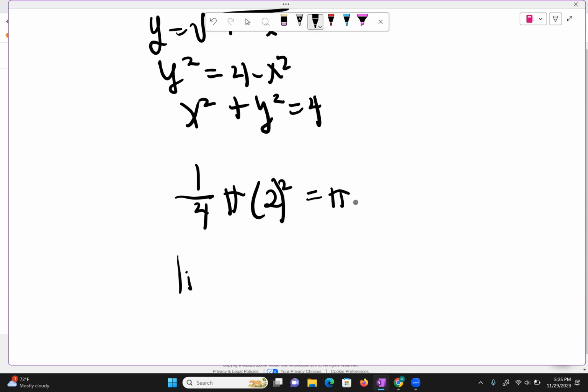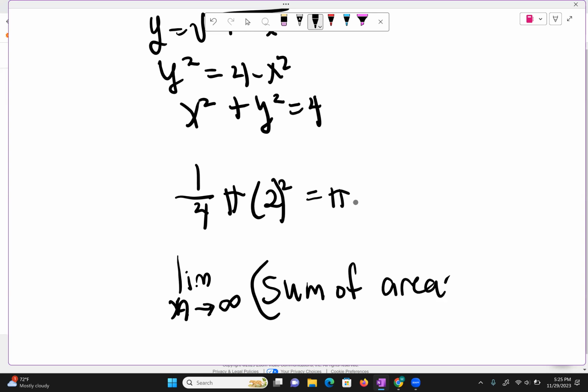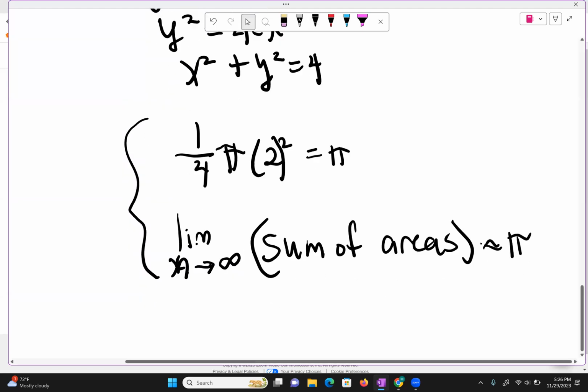So basically, we have the limit as n reaches infinity, the sum of the areas, which is what we're calculating here, this becomes closer to pi. Okay, so this is one of the little tidbits.